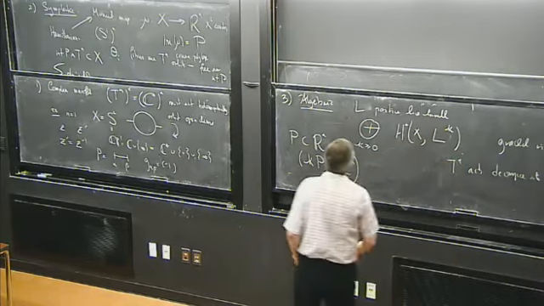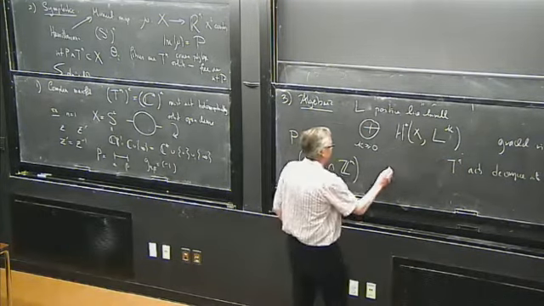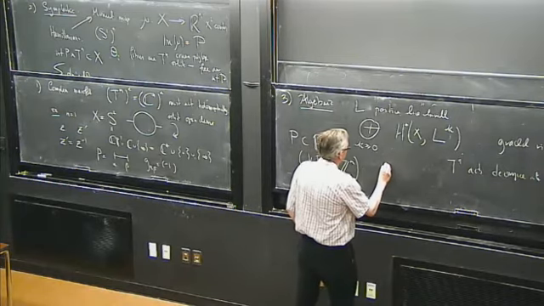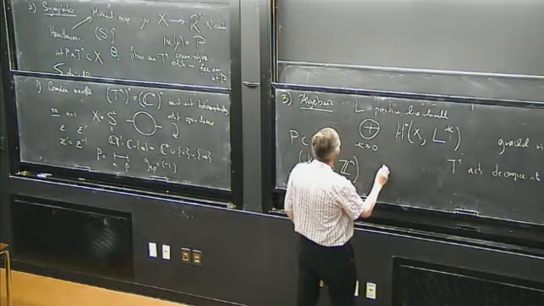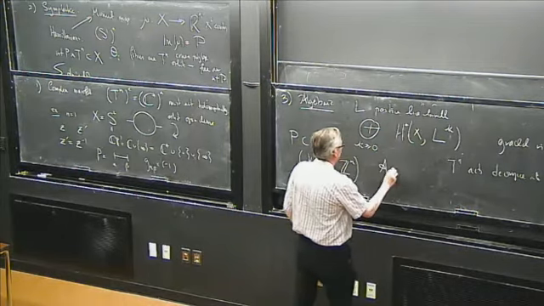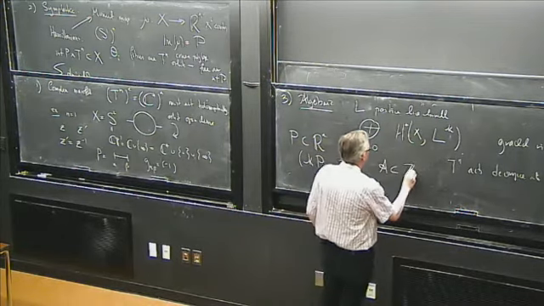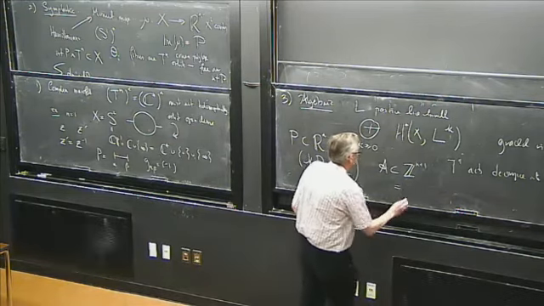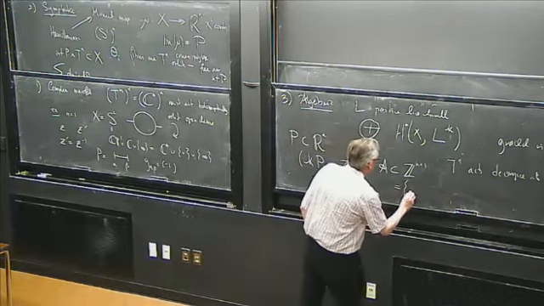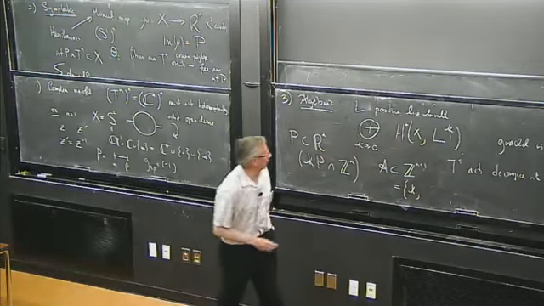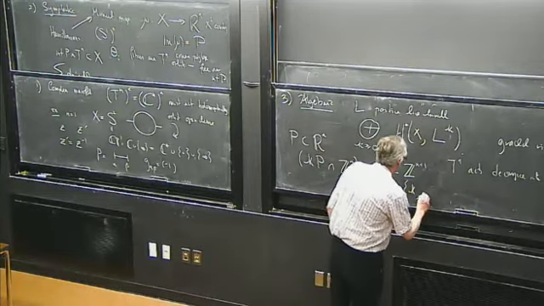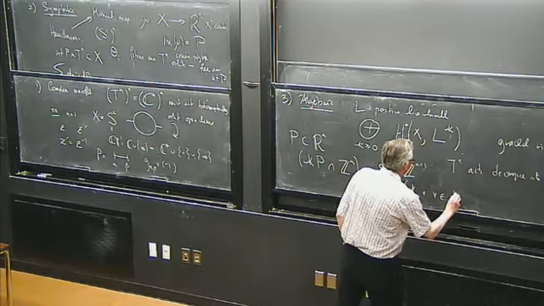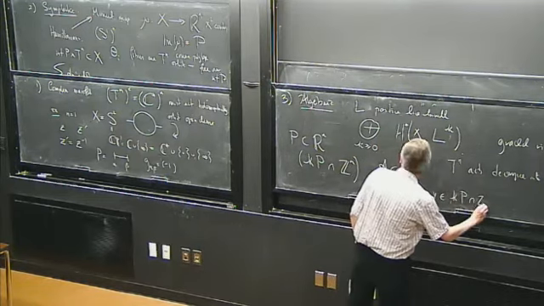So let's take the subset A contained in Z^(n+1). It's the set of pairs (k, v), where v is in this set kP intersect Z^n.